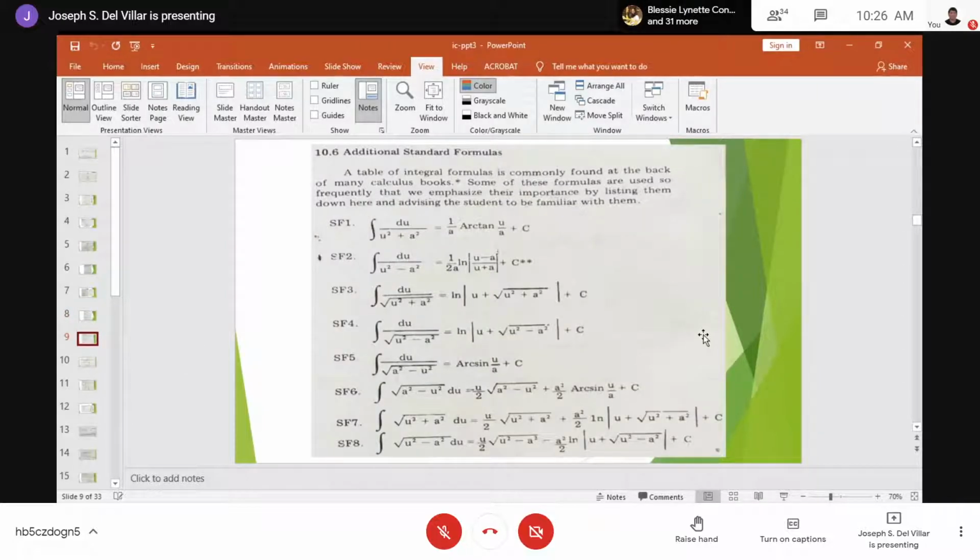So, pwede nyo yan i-apply dito sa first formula for additional standard formulas. Okay, that problem belongs to the first, du over u squared plus a squared. Provided, dapat, naka-square na yung u tsaka a. So, dun sa given, pinatter na natin, naging (2x) squared plus 3 squared.